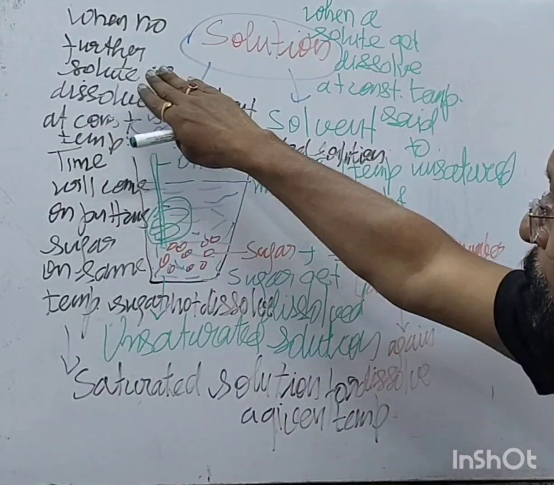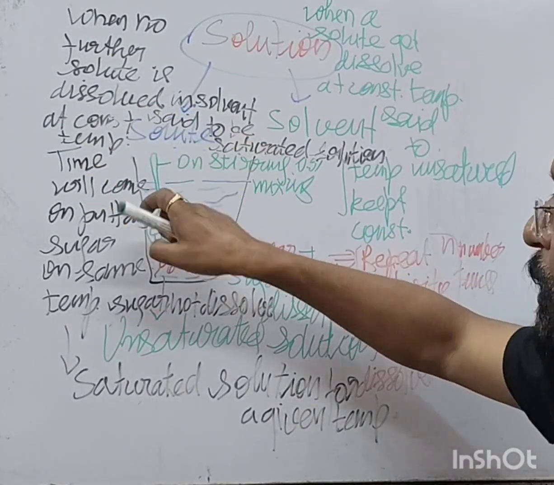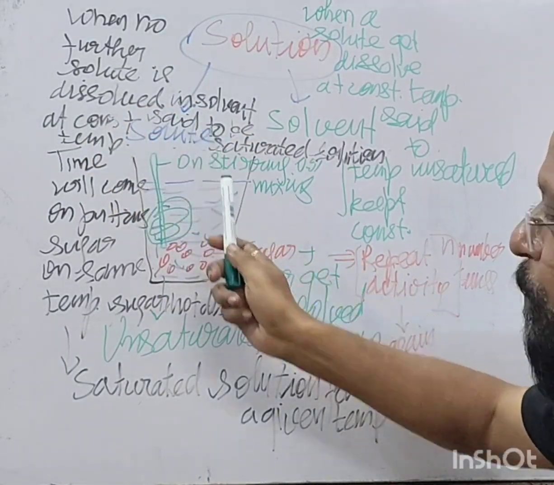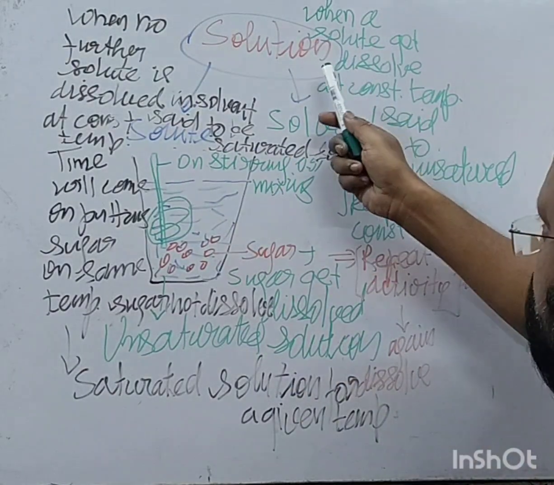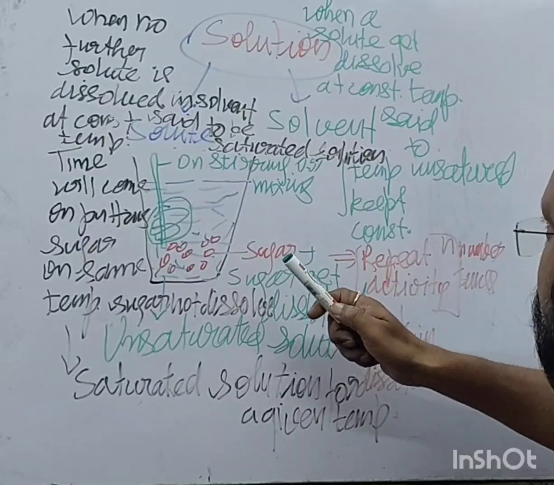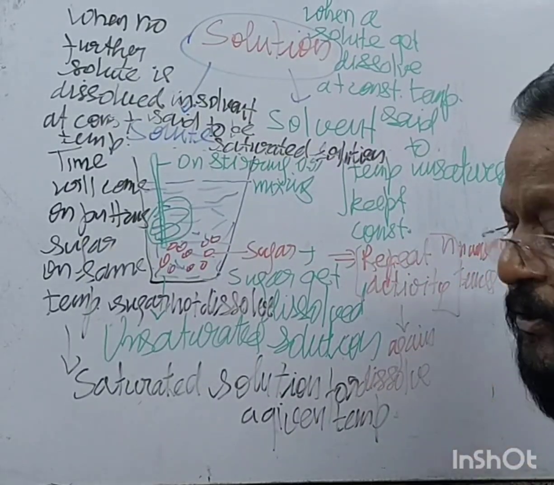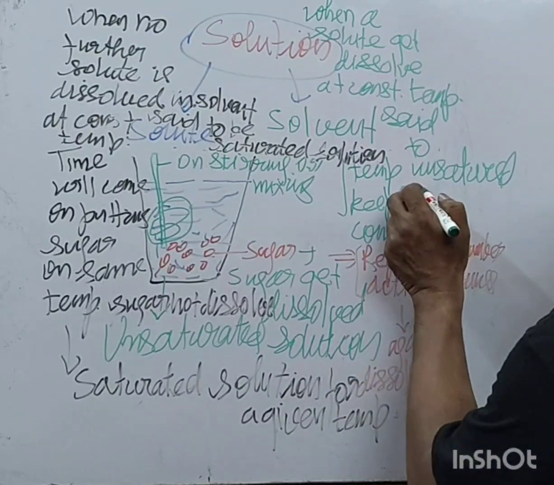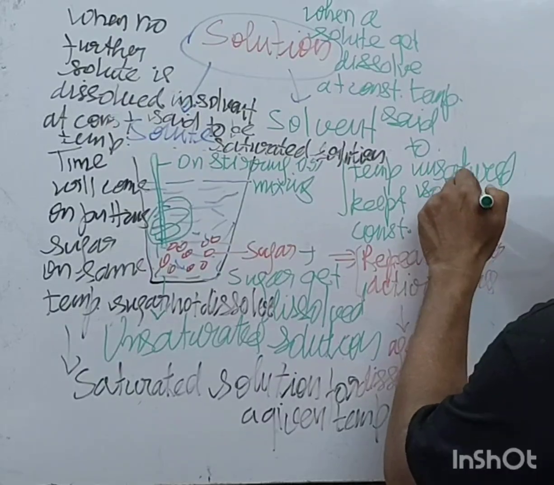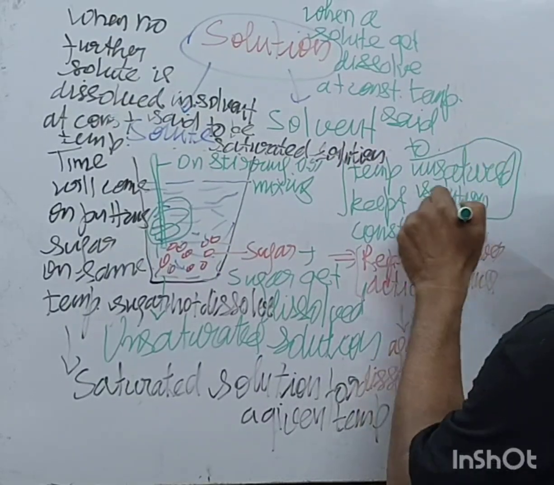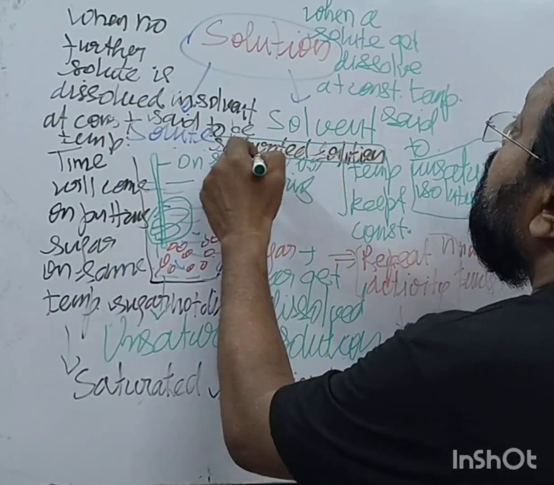Write it separately so that you can study: when no further solute dissolves in the solvent at a constant temperature, it is said to be saturated, and when solute gets dissolved at a constant temperature, it is said to be an unsaturated solution. So this is an unsaturated solution and this is a saturated solution.